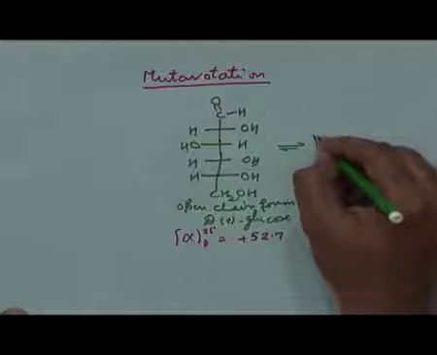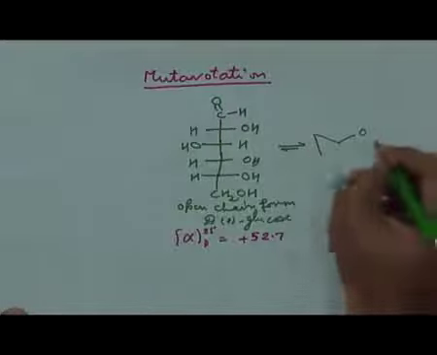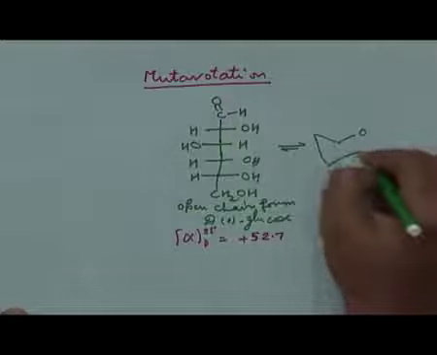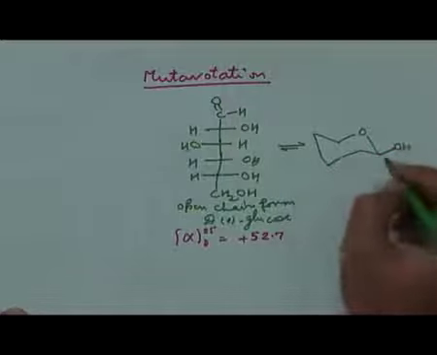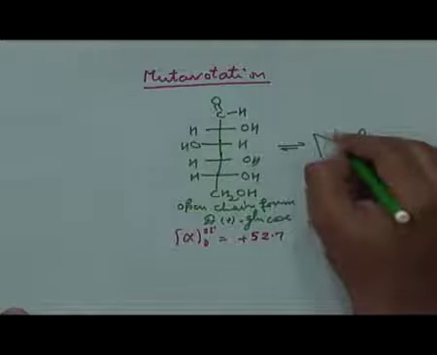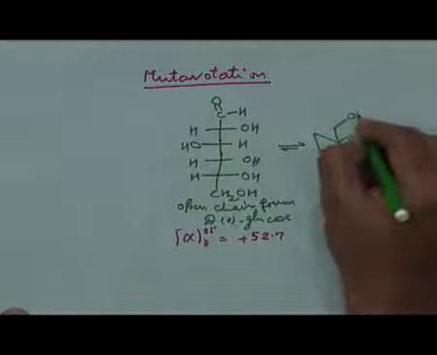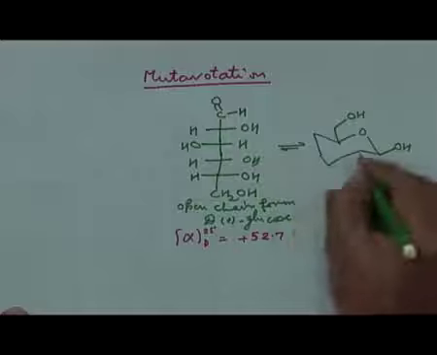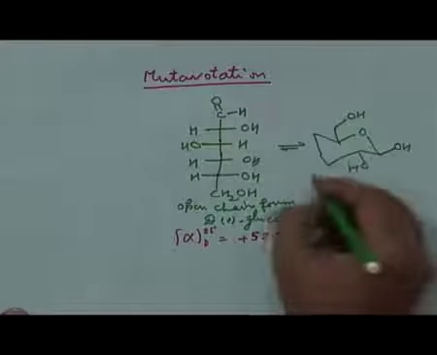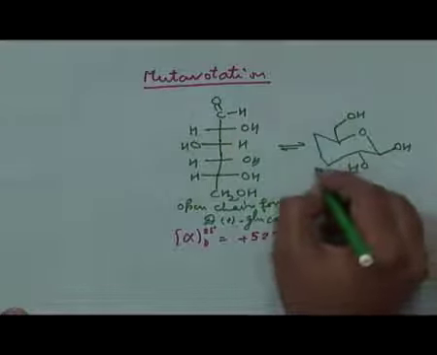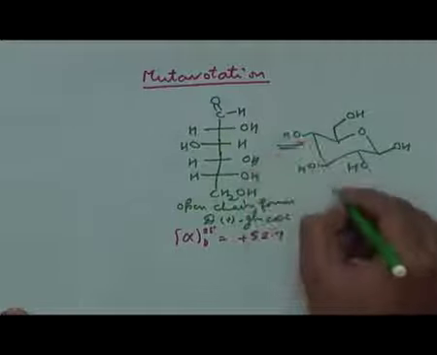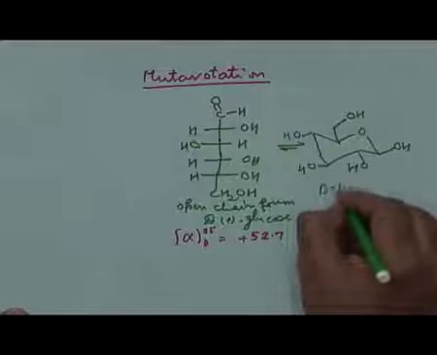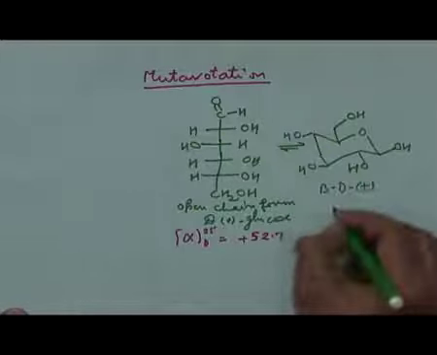in the chair conformation. So, one has the hydroxyl group towards the same side as the CH2OH, which we have already discussed, and that is known as beta D-glucopyranose. This is beta D-glucopyranose.